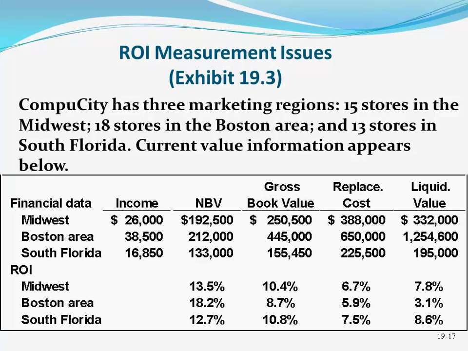I'm not saying that that's necessarily the case, but you see, because of the high liquidation value, the return on investment for the Boston area based on liquidation value is now 3.1%. That's low. So maybe we can either move out of the whole area or move to another area within the Boston area.